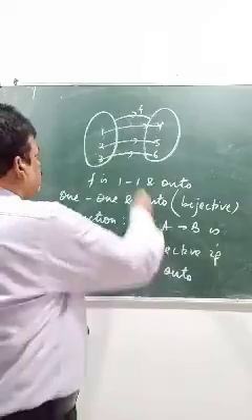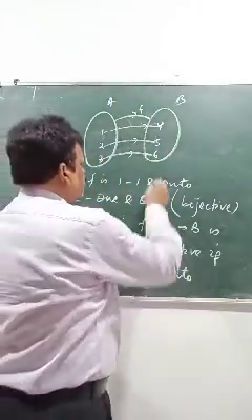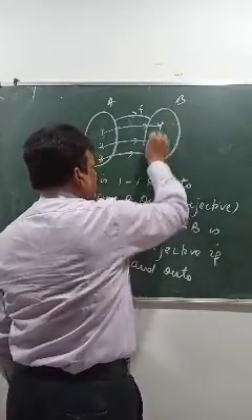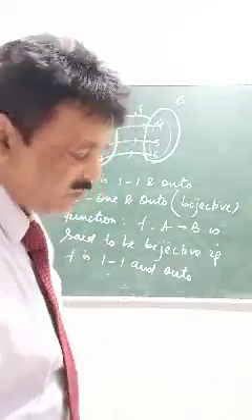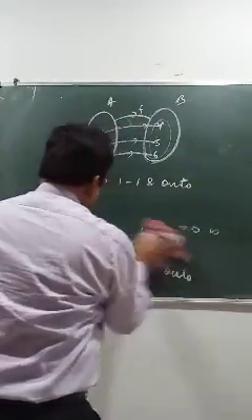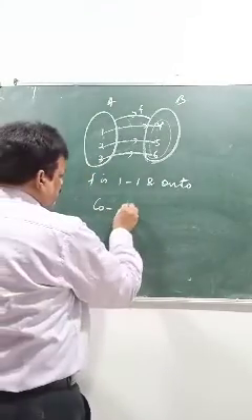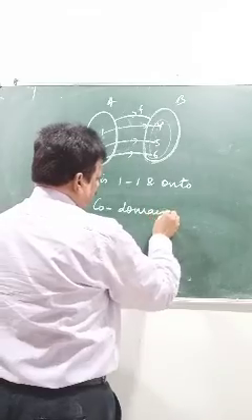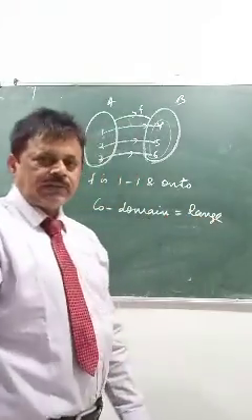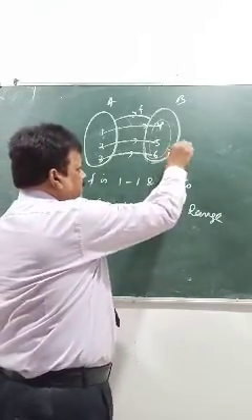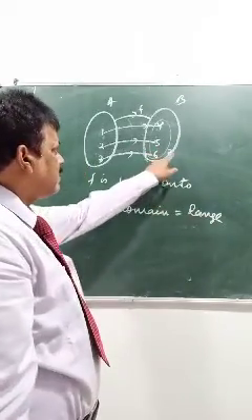Okay. Now what you see again? Codomain and range both are same. So you can say codomain equals range here. One conclusion, because suppose anything is left out here, then codomain and range will be different, but it cannot be onto.